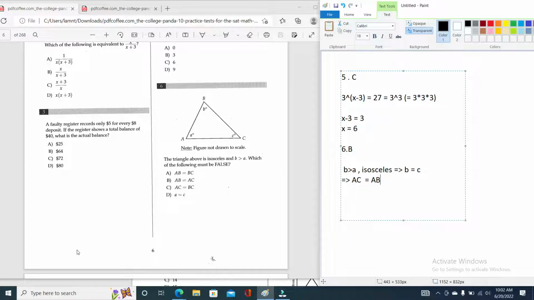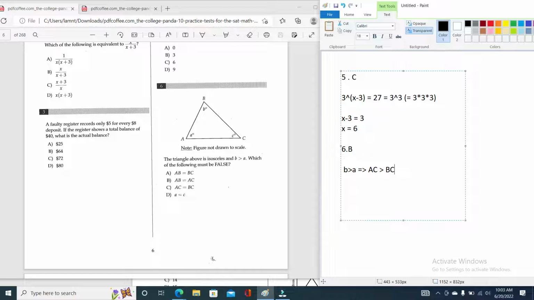Oh no, but now we have, because B is bigger than A, you can conclude that the opposite side of B, which is AC, has to be bigger than the opposite side of A, which is BC.